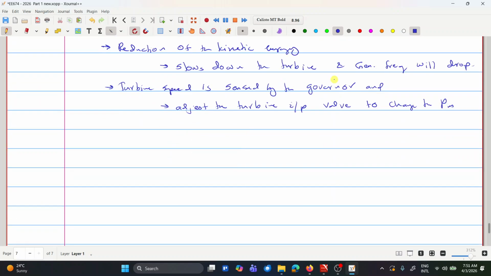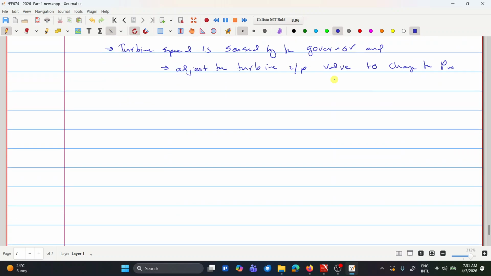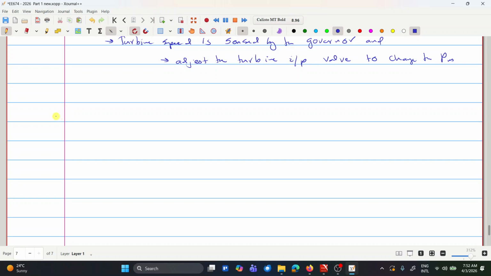So whatever system you use, the speed governor mechanism acts as a comparator.